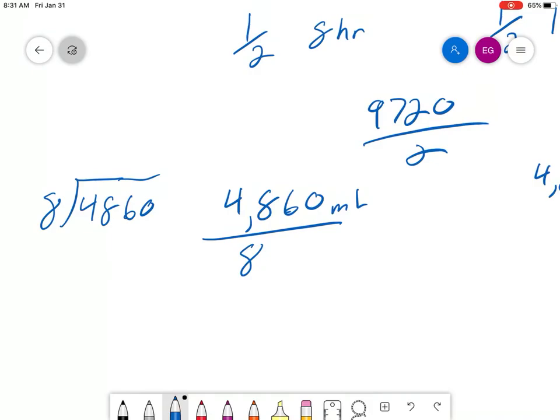That's going to give us an answer in milliliters per hour. And that comes down to, when we round up, 608 milliliters per hour.